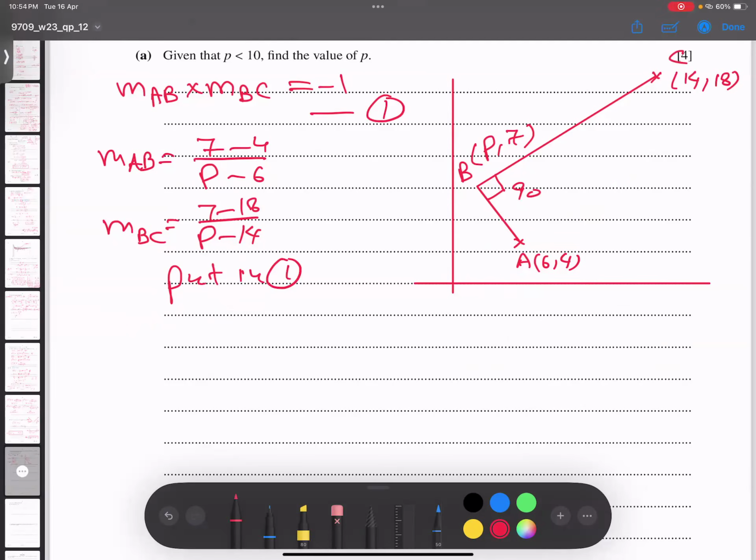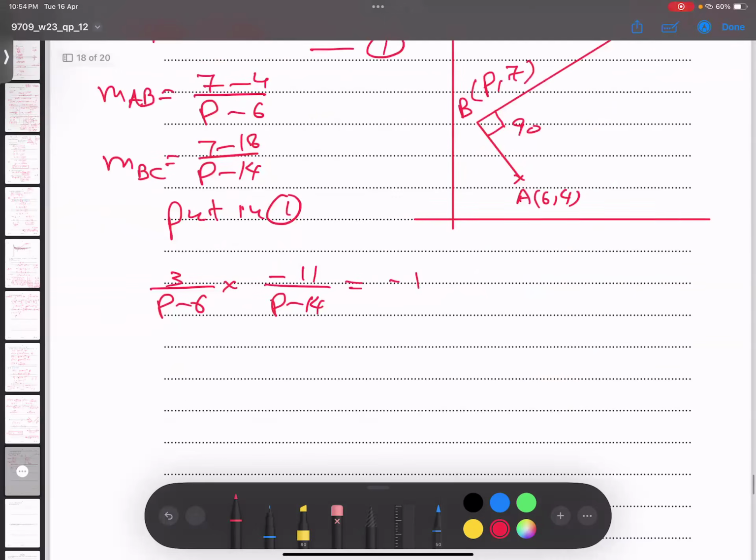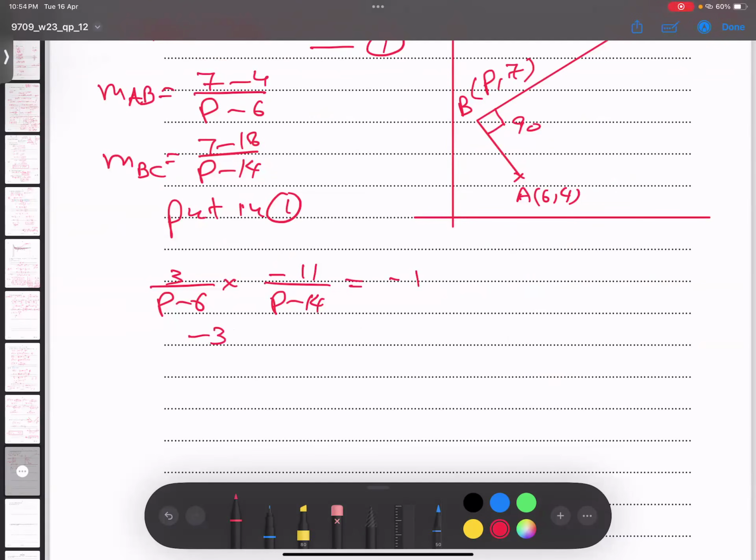When I put in the values, students, what happens? 7 minus 4 gives us 3 over P minus 6, and minus 11 over P minus 14 equals -1. Cross multiply, I get negative, so negative and negative cancel out. I got 33 on the left-hand side and on the right-hand side P minus 6 into P minus 14.